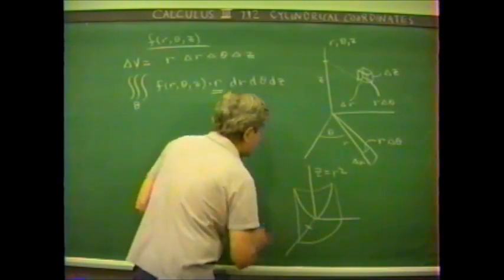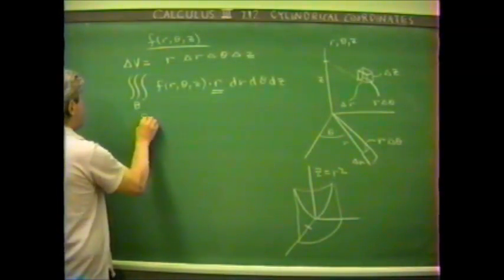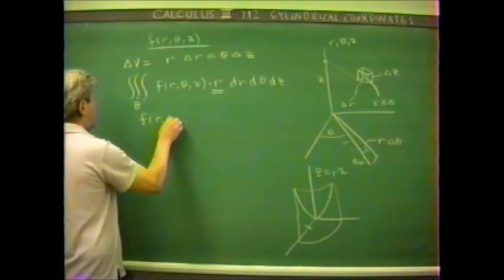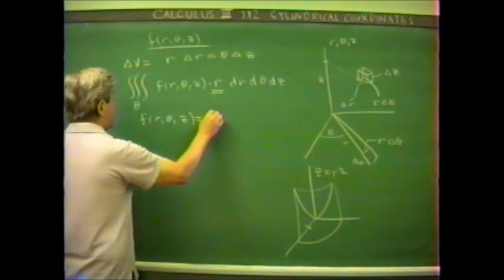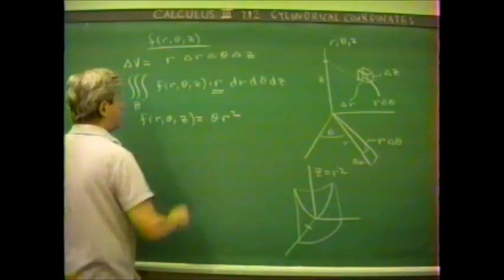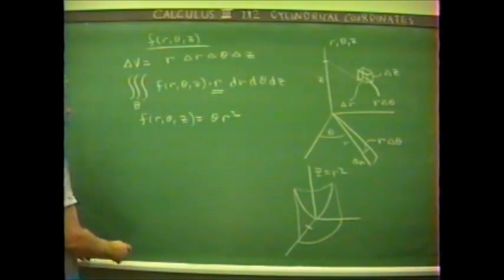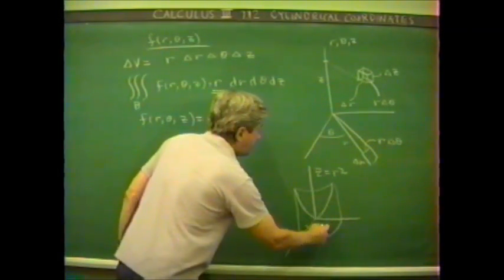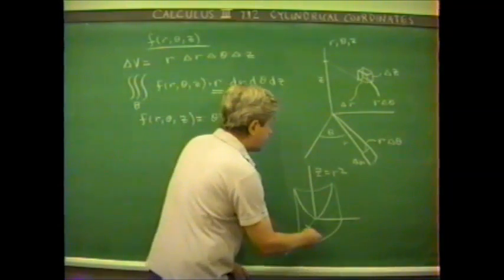And let's suppose that our function f of r, theta, and z is equal to, let's say, theta r squared. We then wish to integrate this, and this is a simple region in cylindrical coordinates.